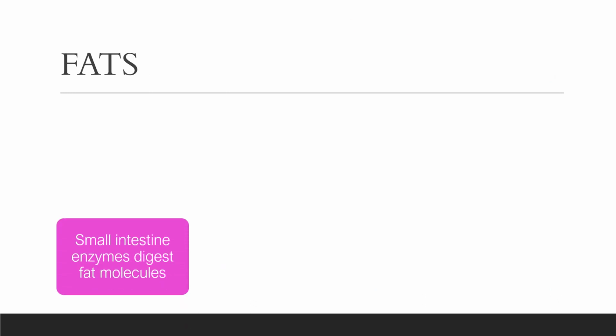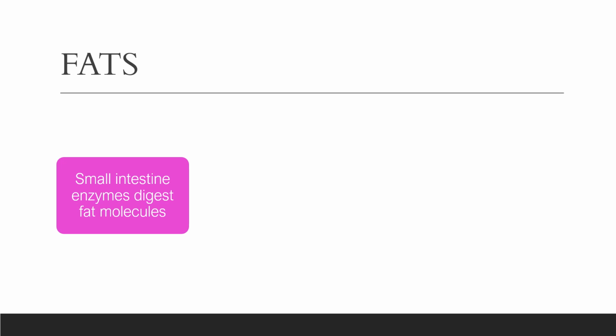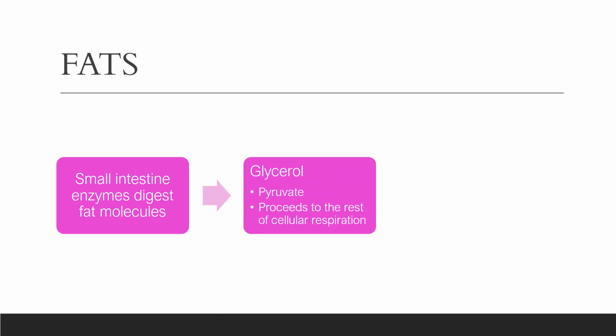Meanwhile, enzymes in the small intestine digest fat molecules from food into glycerol and three fatty acids, which enter the bloodstream and move into the body cell. Enzymes convert the glycerol to pyruvate, which then proceeds through the rest of cellular respiration as though it came directly from glucose.